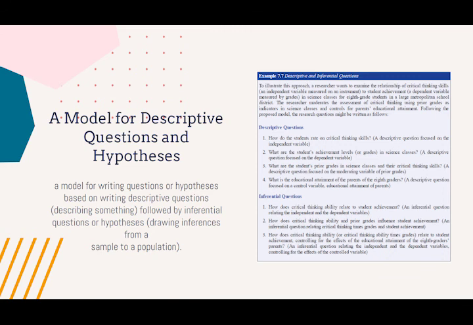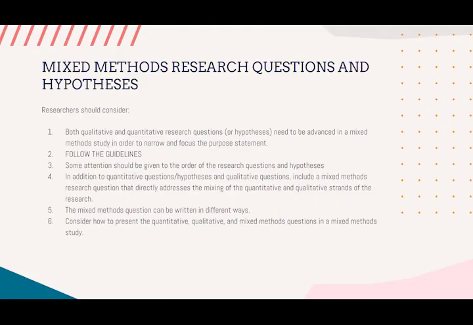And in mixed methods research questions and hypotheses, researchers should consider, 1. Both qualitative and quantitative research questions need to be advanced in a mixed methods study in order to narrow and focus the purpose statement. 2. Follow the guidelines. 3. Some attention should be given to the order of the research questions and hypotheses. 4.